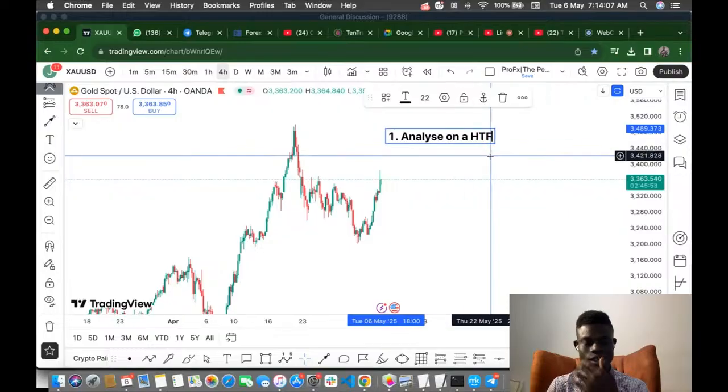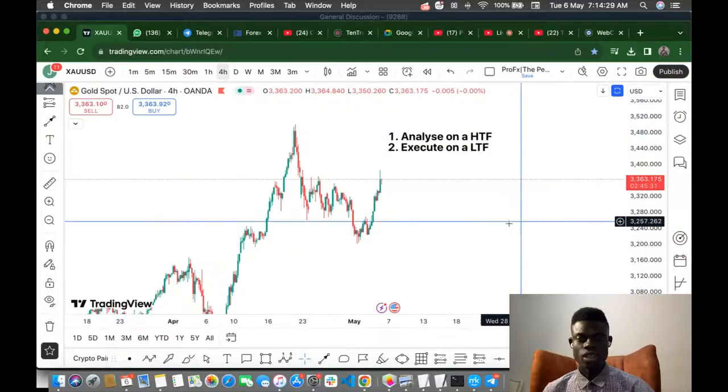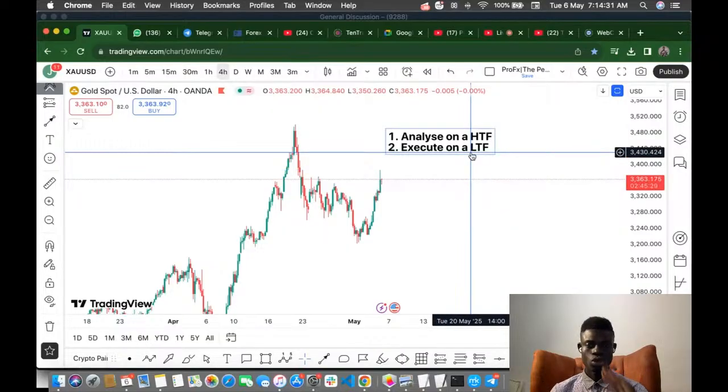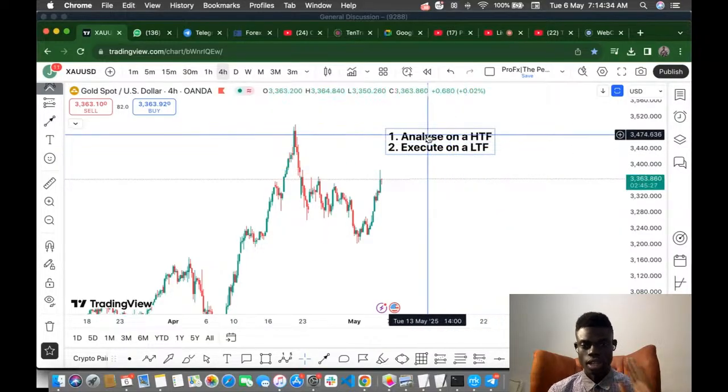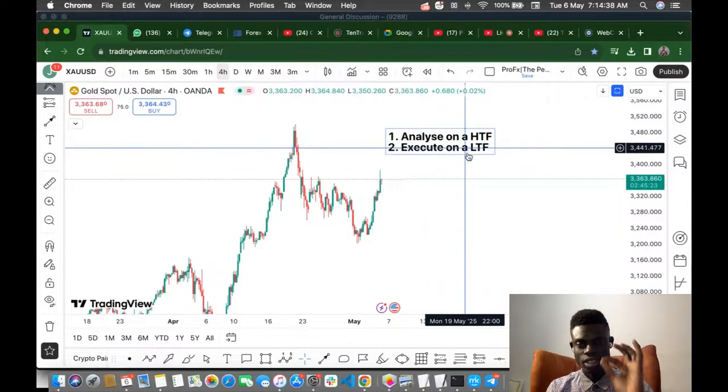Even if you are a scalper or day trader, first is analyze on a higher time frame, then two, execute on a lower time frame, LTF. So every single time, this is what you are doing: analyzing on a higher time frame, executing on a lower time frame.